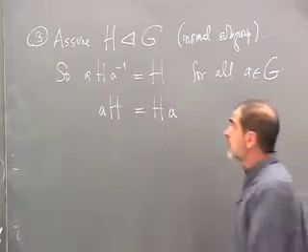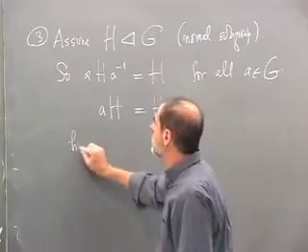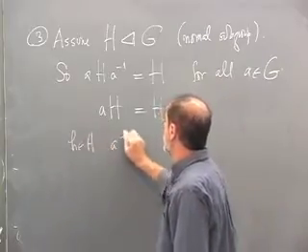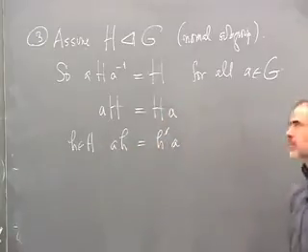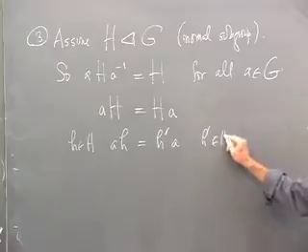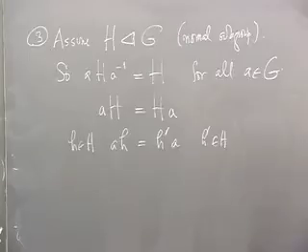Okay? Doesn't mean that A commutes with everything in H. It means that if you have an element h in H, then Ah can be written as some h prime A, for h prime in H. Okay? It just preserves it as a set. It doesn't commute with everything in H.